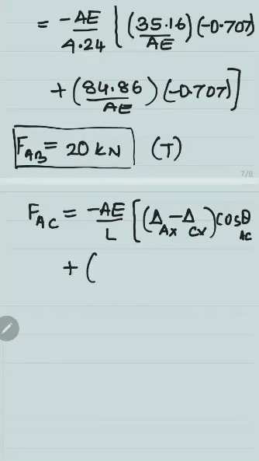Plus delta AY minus delta CY into sine of theta AC.